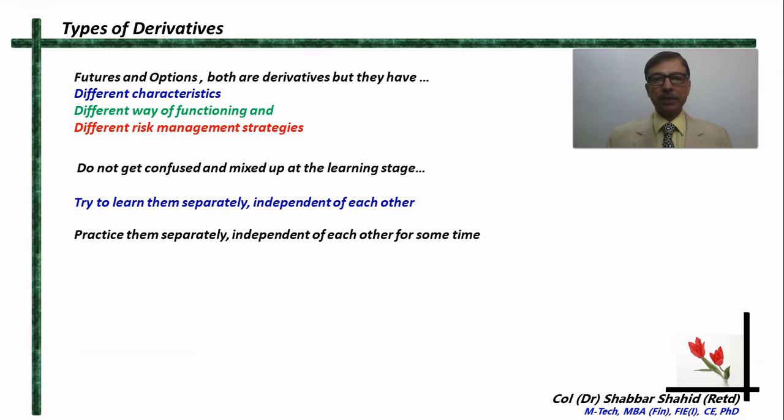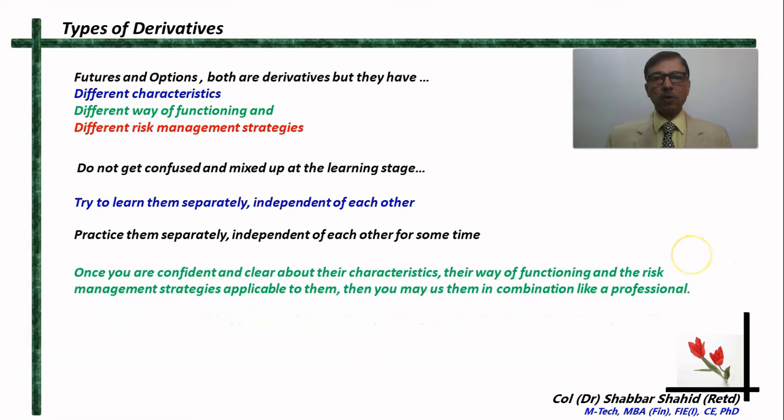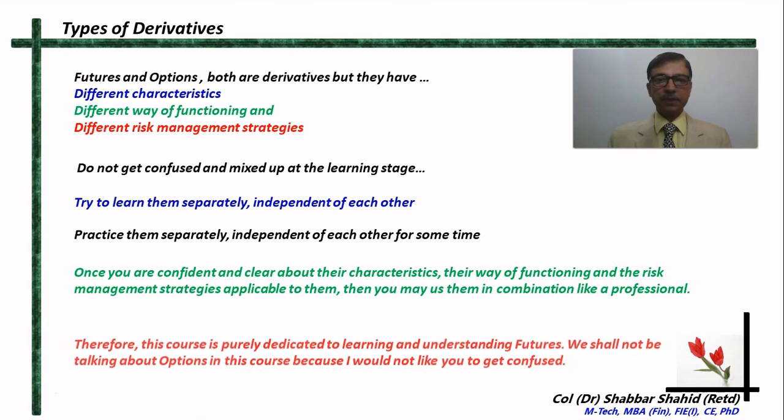Then once you are confident and very clear about how to use them, how to manage the risk, and you are also clear about their characteristics, then you may use them together, exploit them together as a team. But till then, during the learning stage, please try to keep both of them away from each other.